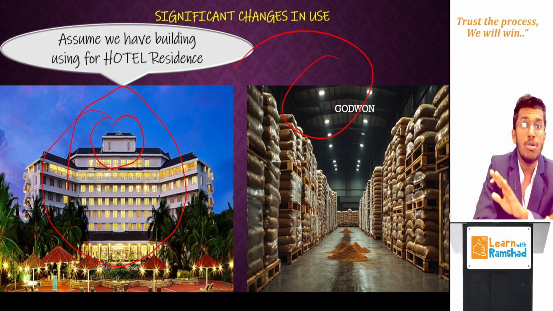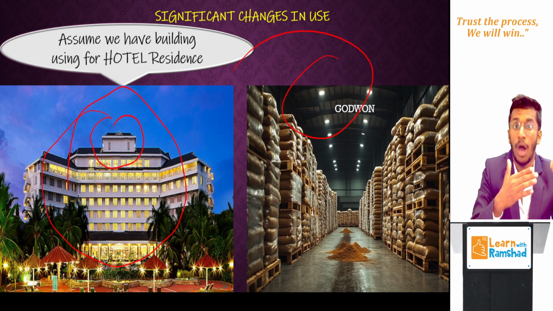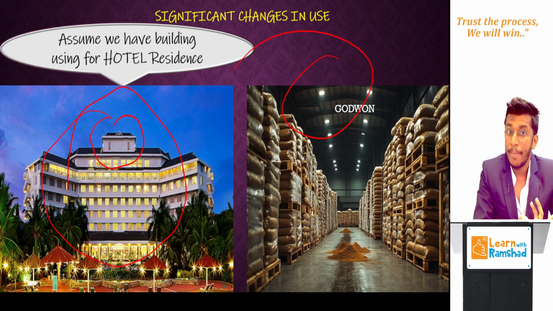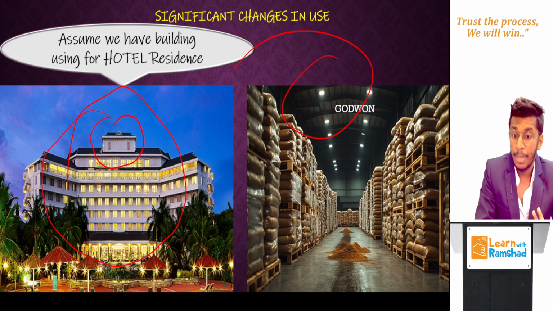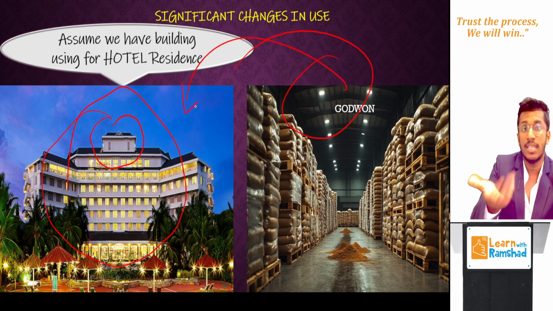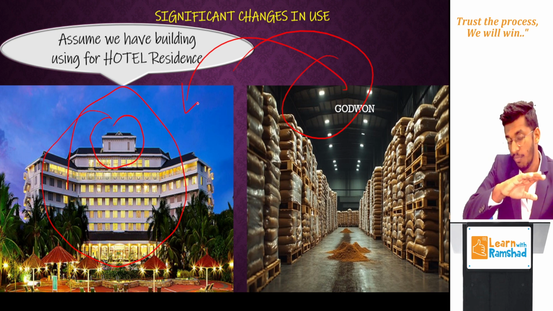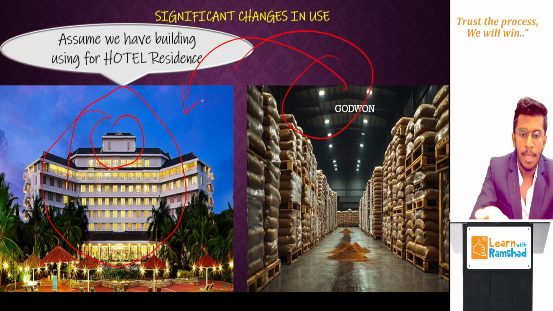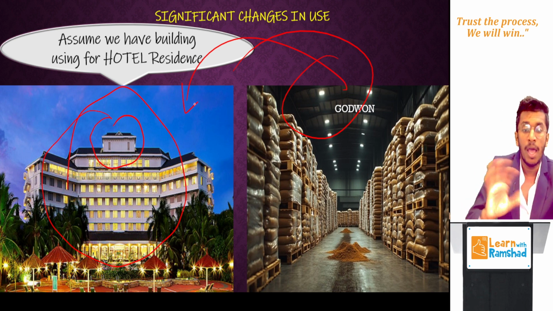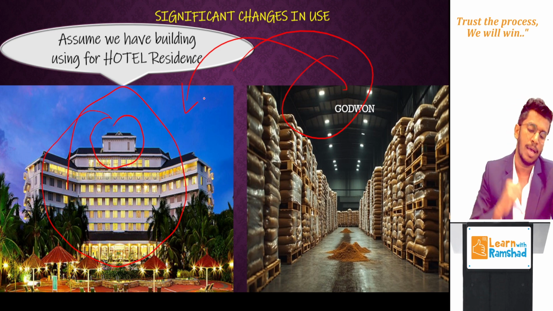I'm not saying 100% there will be a value reduction. Maybe sometimes value increases, right? Because once you change it from godown to residence, there is a chance for value appreciation, right? But here we cover that there may be a case for value reduction, right?